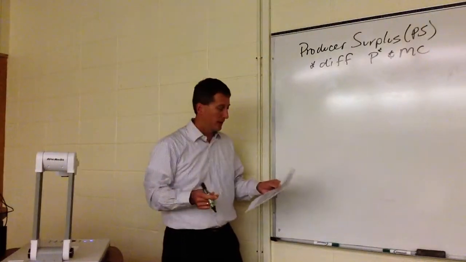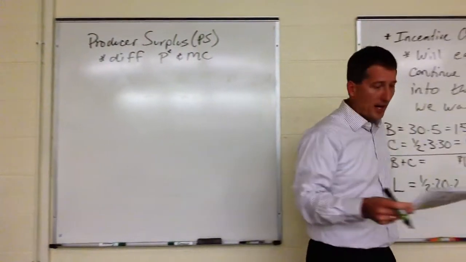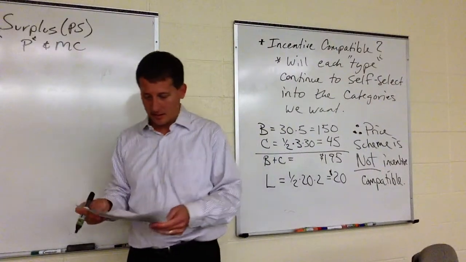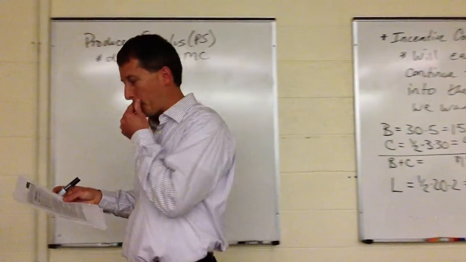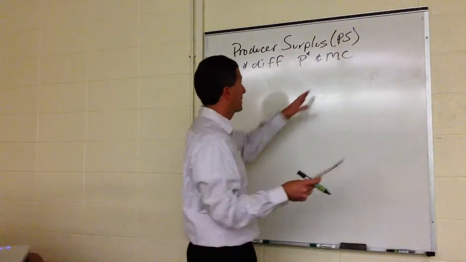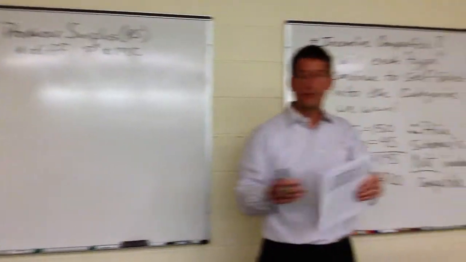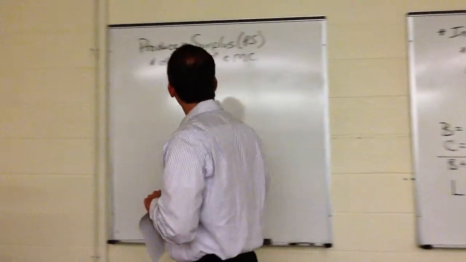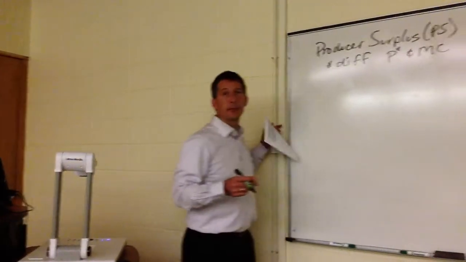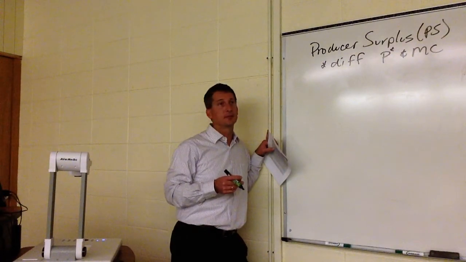So if the package sells at $30, what is their benefit, or what is their producer surplus? What's the marginal cost in this case? What's the marginal cost of the weight machines? 20.